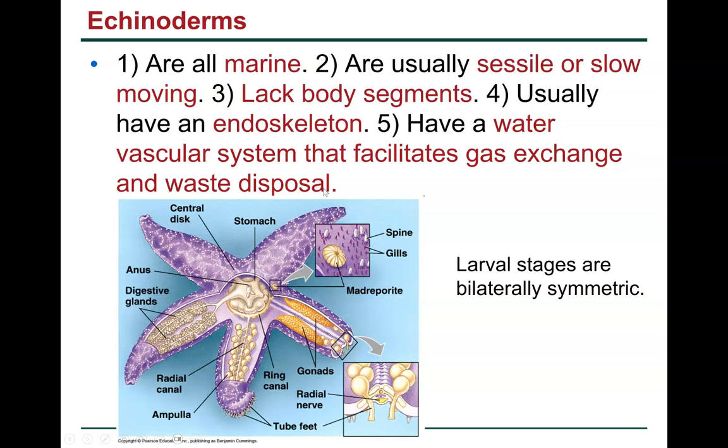People would think, wow, this is a really simple organism, but it's actually not. It's more complicated than you would think. The larval stages are bilaterally symmetric, but the adults look like they're radially symmetrical, but they actually are not. Just looking at them from above, you'd think they're radial, but they're actually bilateral. That's an important note to make in the lab that we're going to do on animals.